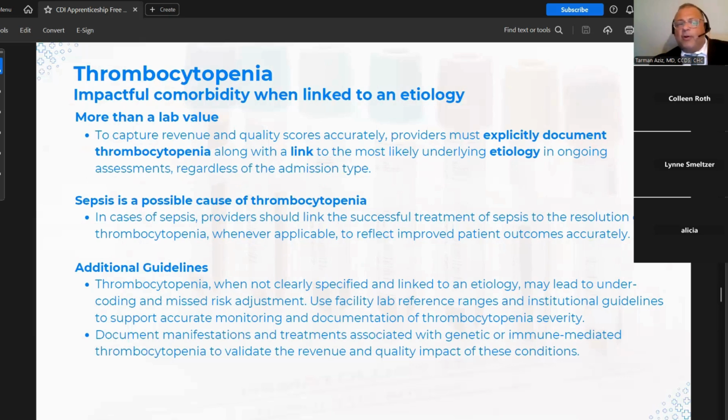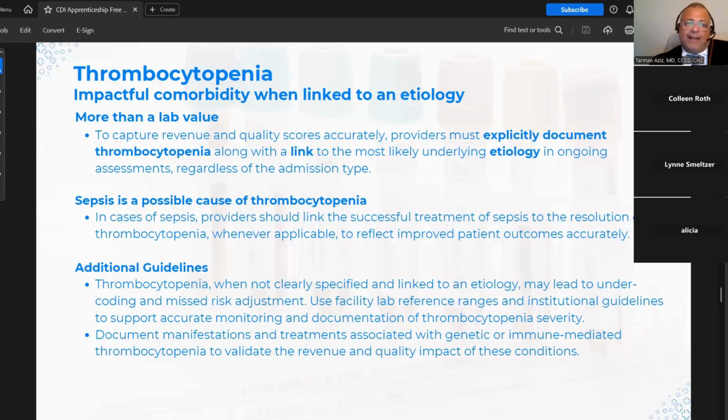And as mentioned before, it's commonly associated with sepsis. So one great way to clinically validate sepsis, which is constantly under scrutiny by payers, is to look at the presenting thrombocytopenia that now starts to resolve as the treatment of the source infection of sepsis is addressed.